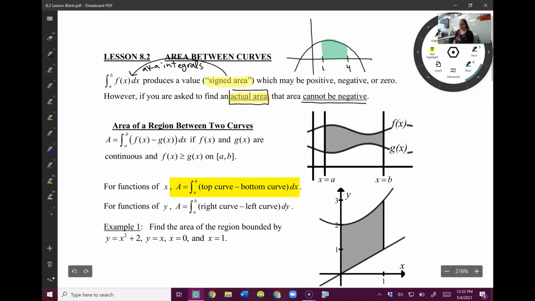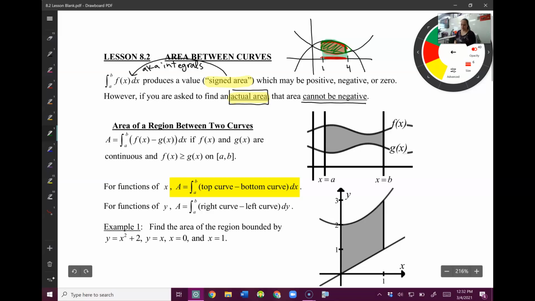So the area for these were always from one curve to the axis. But now we want to change it. We want to say, well, what if I want my area to be from one curve to another curve instead of to the axis?